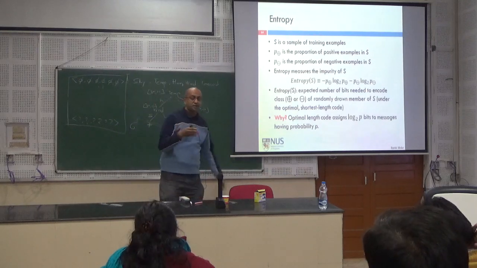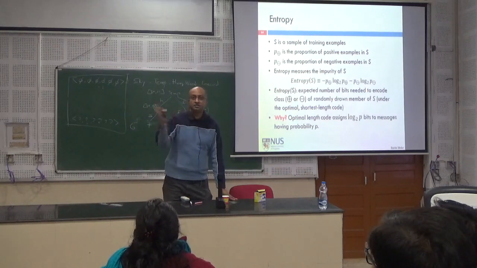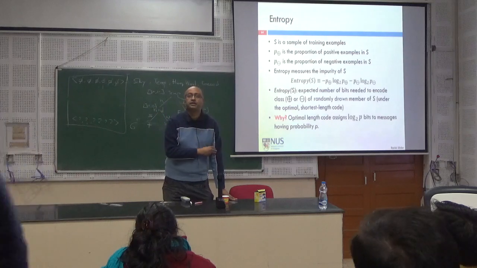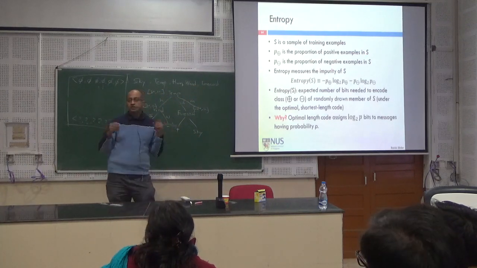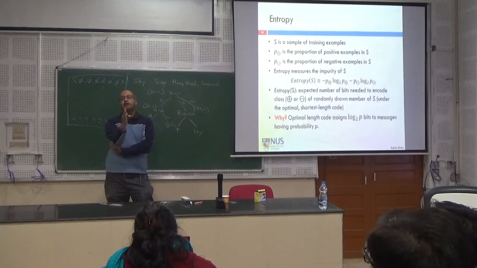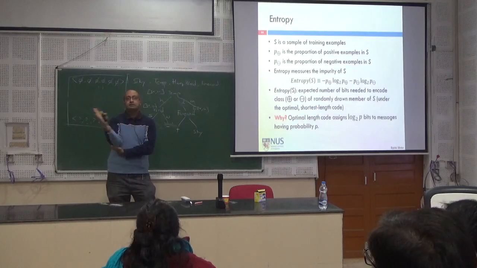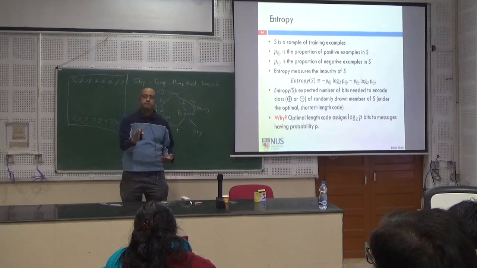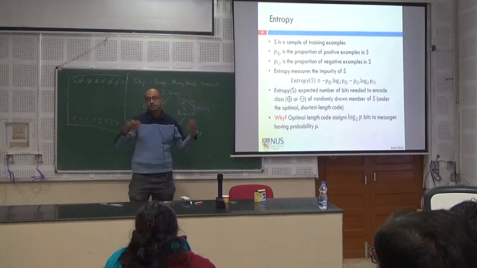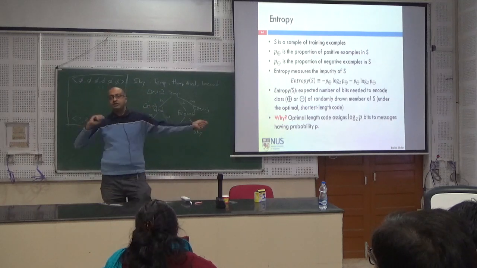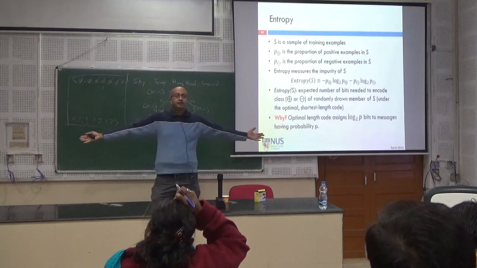If you're a thermodynamics person, it means how much disturbance or how much the molecules are moving and so on. Another way of saying it is how much impurity is there. If everything is the same, no impurity, entropy would be zero. If there's more variation in the thing, entropy would be higher.